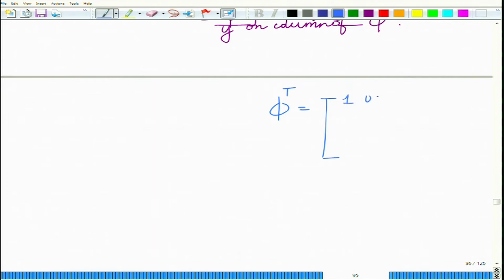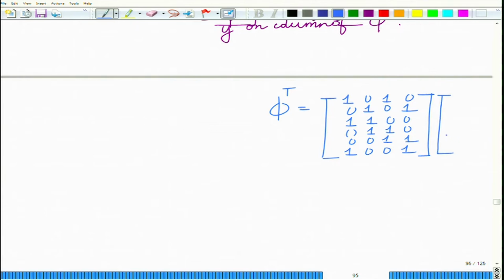So, first row will be 1 0 1 0 0 1 0 1 1 1 0 0 0 1 1 0 0 0 1 1 1 0 0 1, and you take the projection of y bar.